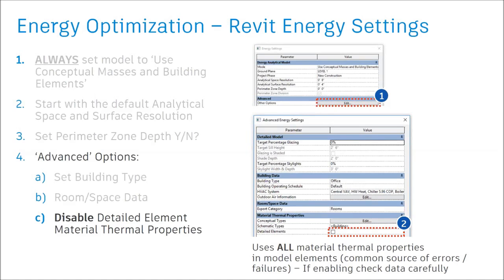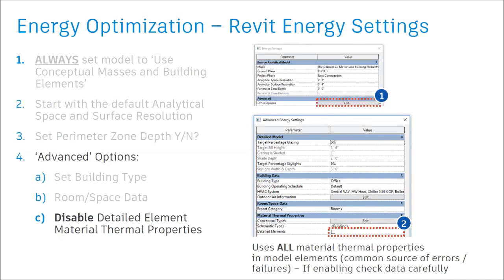And if you didn't set them, or you're not confident about all of them, it can create some weird situations, like, for example, a metal stud wall with a 4 inch metal stud. If that has metal properties assigned to it, the energy simulation will interpret that as 4 inches of solid metal, and that's obviously massive thermal mass, and it will cause instability and cause the simulation to fail.